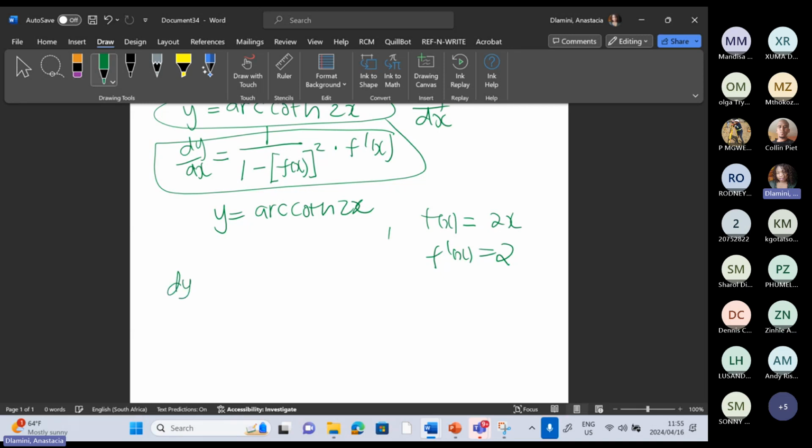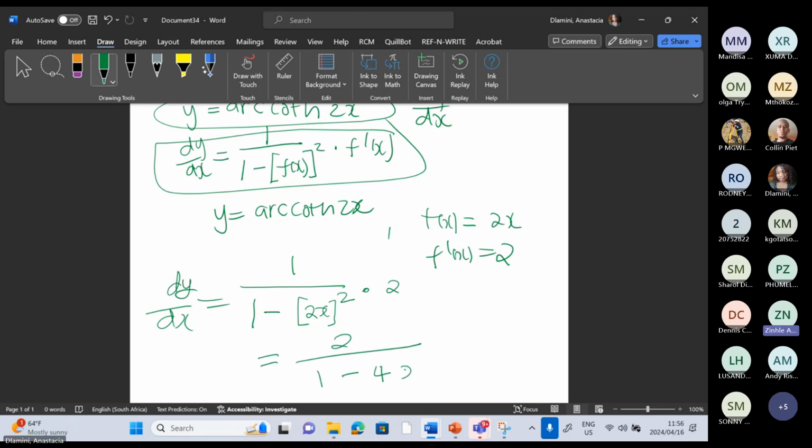Then dy over dx is equal to 1 over 1 minus f of x, that is 2x squared, times the derivative, which is 2. So this is equal to 2 over 1 minus 4x squared. Do you see that? Now, example 2 shows that the table is incorrect because example 2 gives the correct answer. Do you see that?